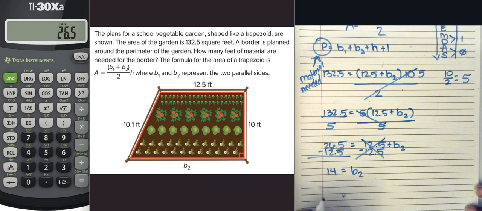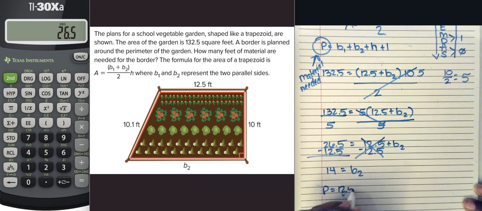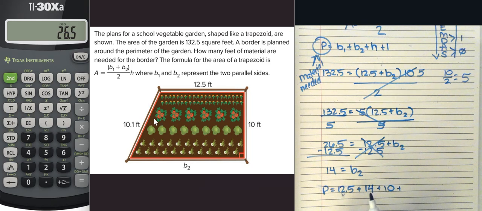So the perimeter is equal to base 1, which is 12.5, plus base 2, which is 14. Then we add the height, which is 10, and then our other leg, which is 10.1. We're just adding all of those together.